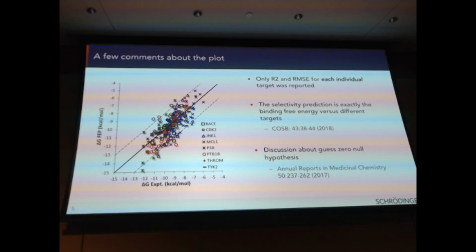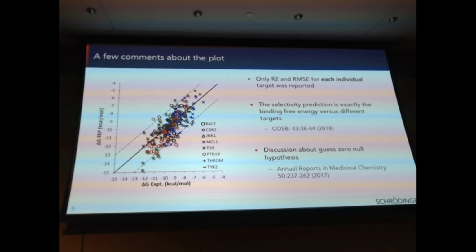I'm not saying it's the same. Third point is about the null hypothesis. I think Guanglei gave a very good presentation yesterday about this topic. If you want to discuss more, there is a very good paper here you can read to see why the null hypothesis is not a valid model. But this is not a focus of my talk.